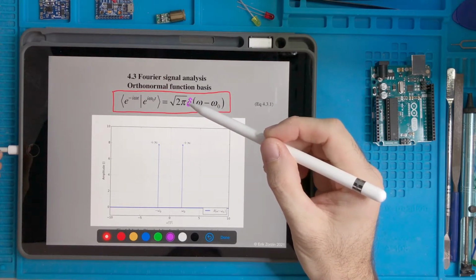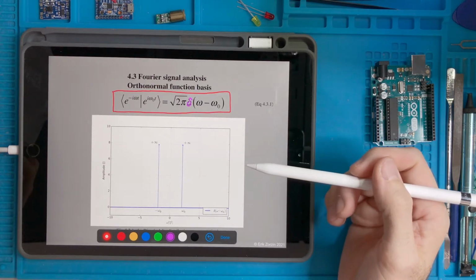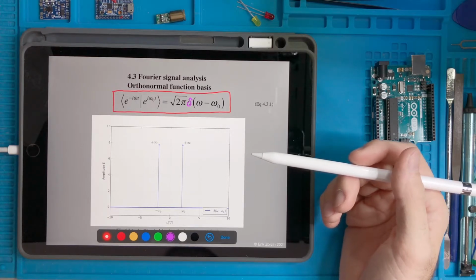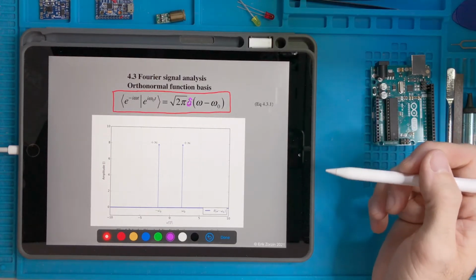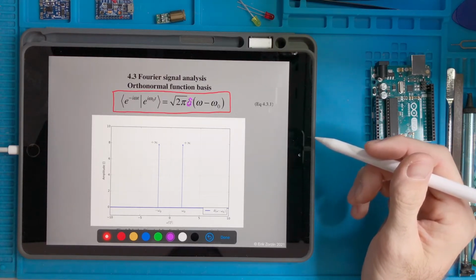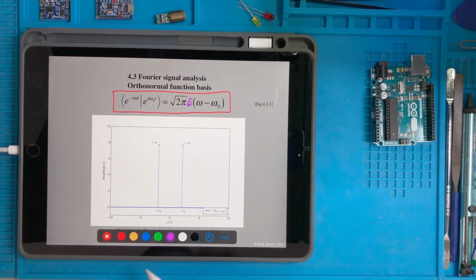Delta is not a function, mathematically speaking, but a distribution, which has a definite meaning only if integrated together with another function. And we can represent it like this.